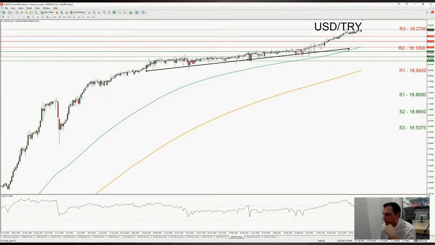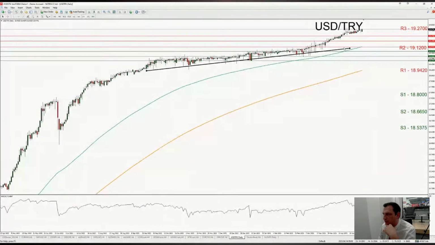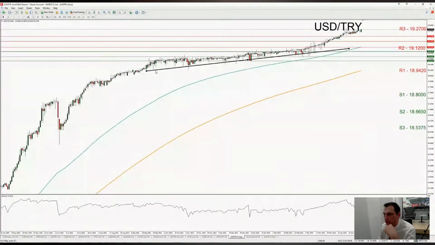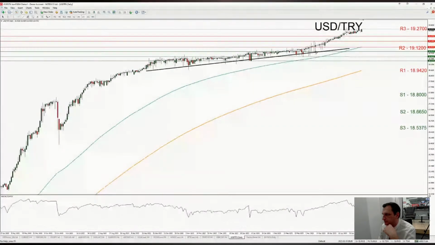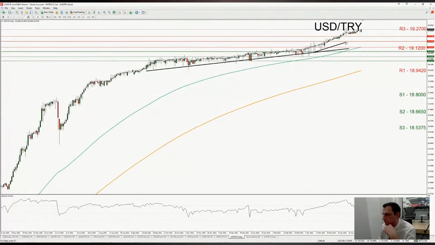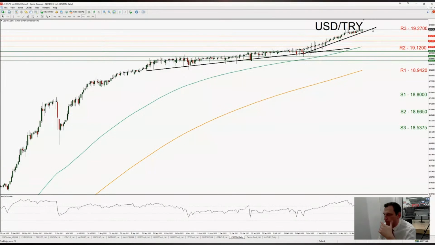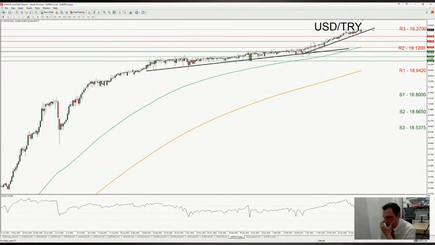A very, very strong weakening of the Turkish lira, which intensified practically since the end of February. This is the daily chart, let's not forget it. So we tend to maintain a bias for the bearish outlook of the lira.